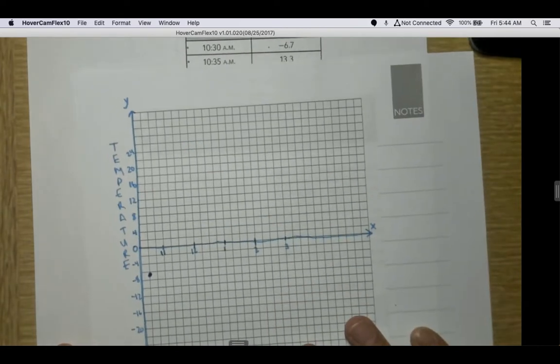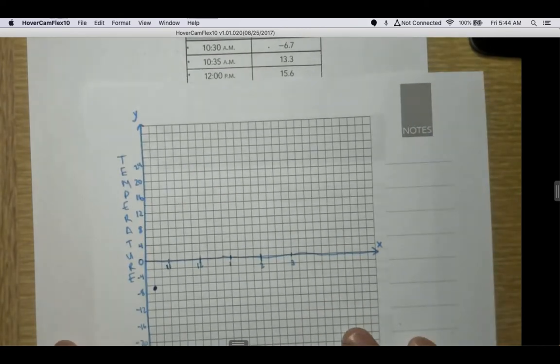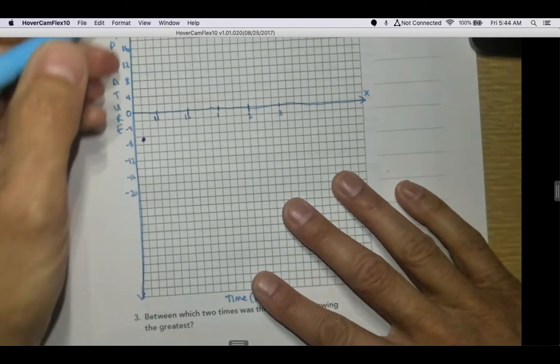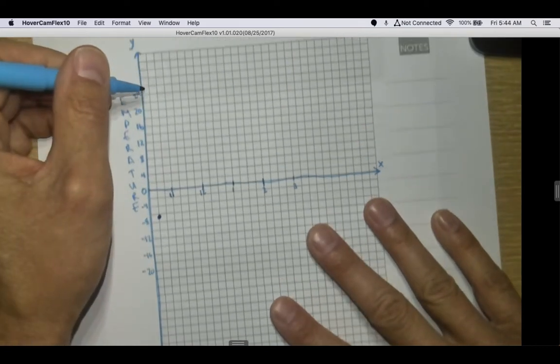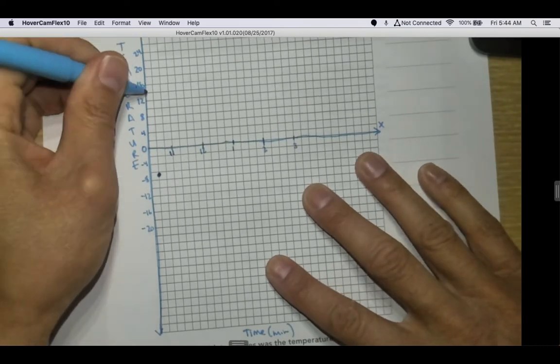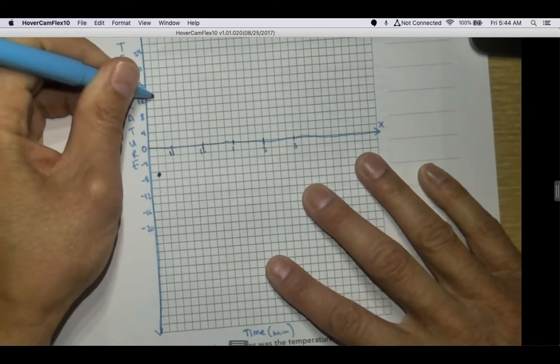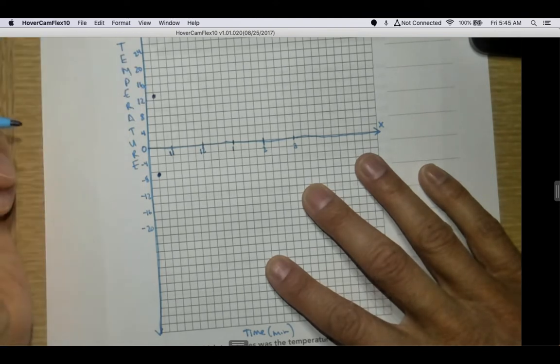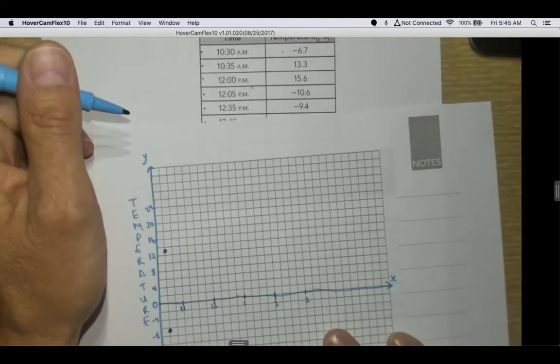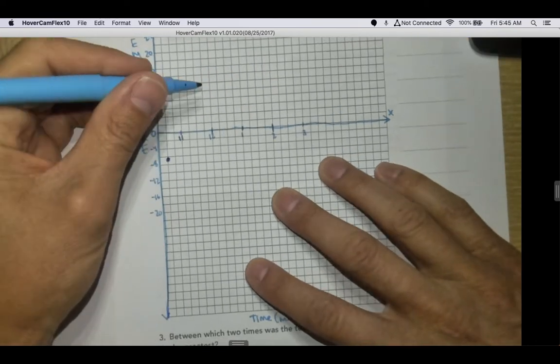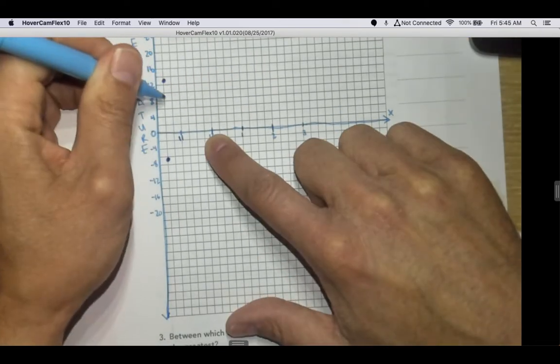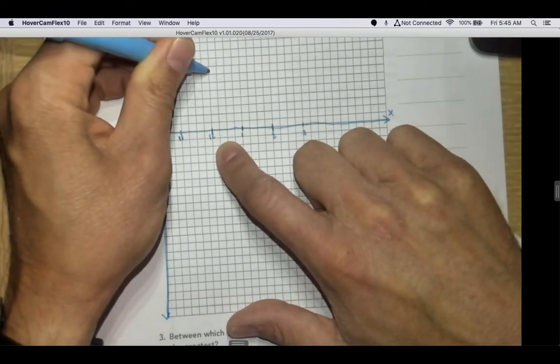At 10:35, it was 13.3. So basically within the same time, there's 13.3. So I go up to 13.3. All right. Then at 12, it was 15.6. So I'll go to 12 and then go to 15.6.